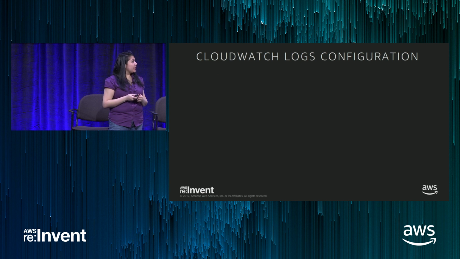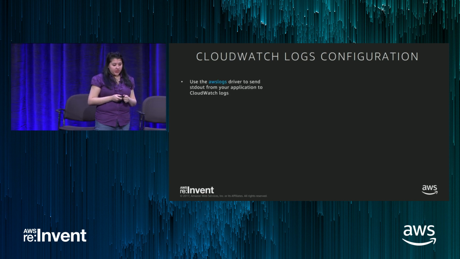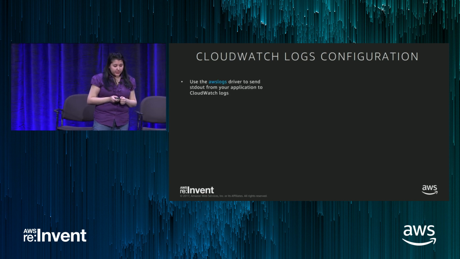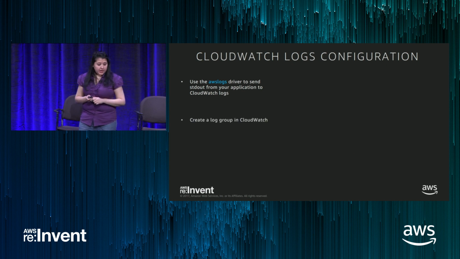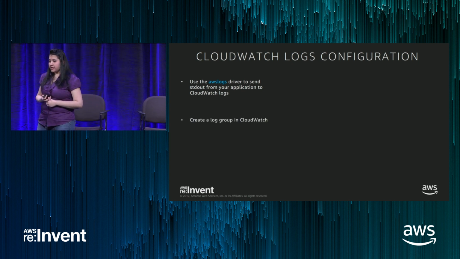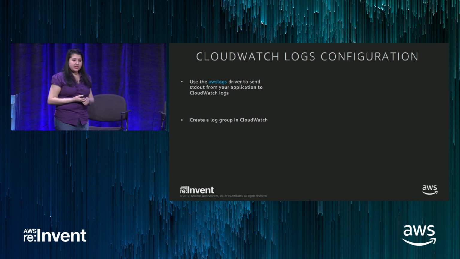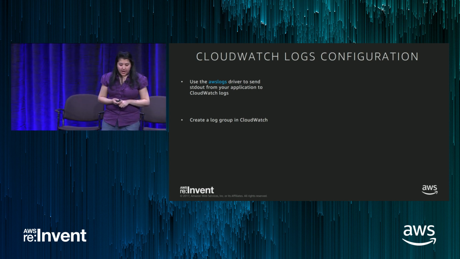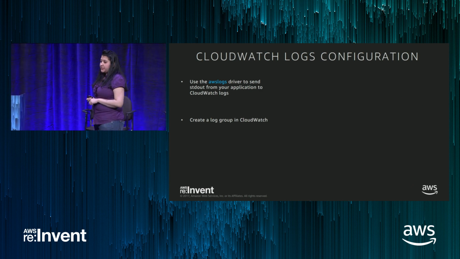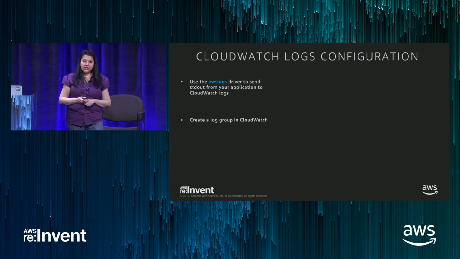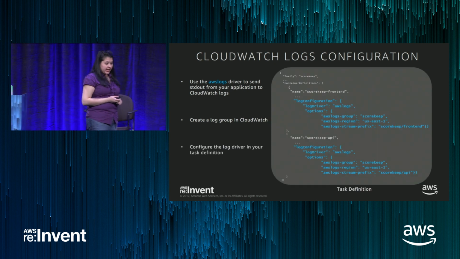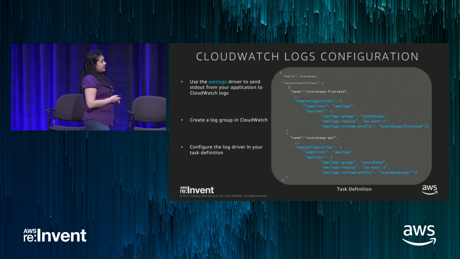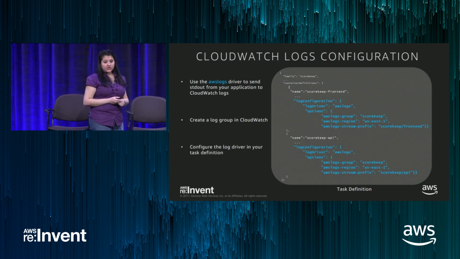So how do you go about configuring this in your task definition? We have an AWS logs driver that's already available with ECS today, and that continues to work with AWS Fargate. The setup steps are that you will have to create a log group in CloudWatch for your application, and then in your task definition, there's a log configuration section where the log driver has to be specified as AWS logs.